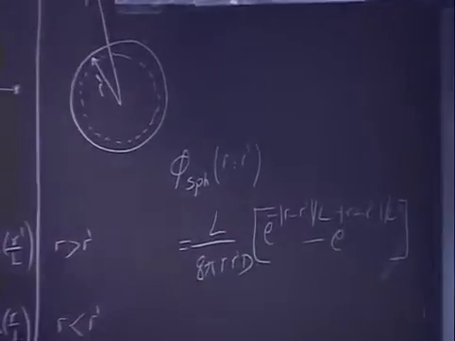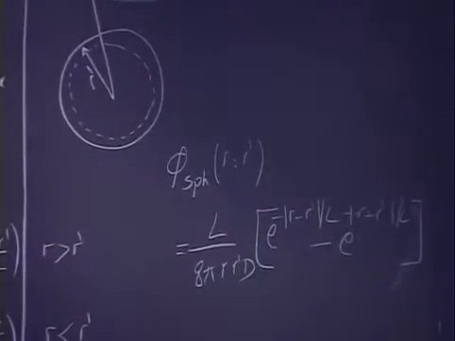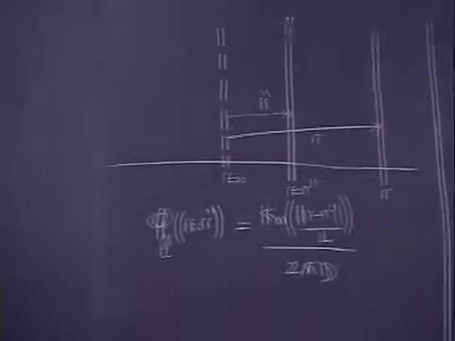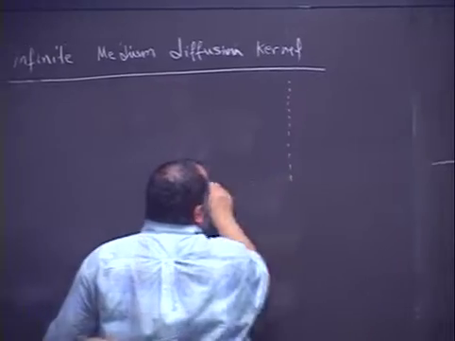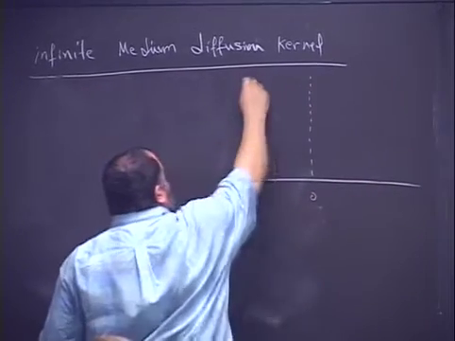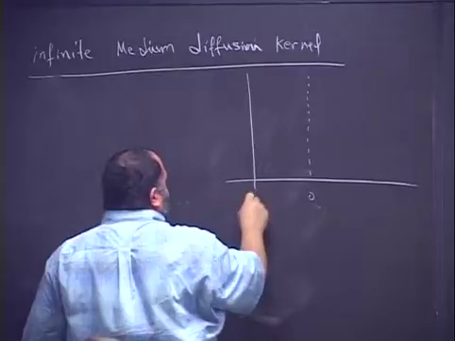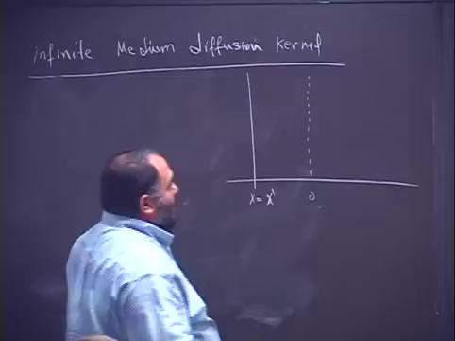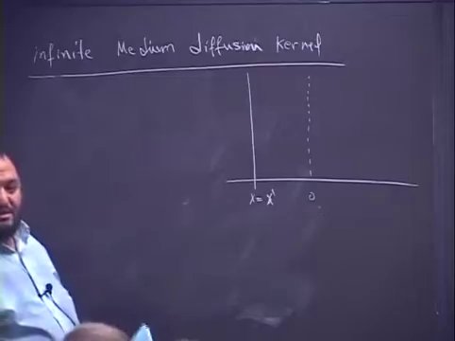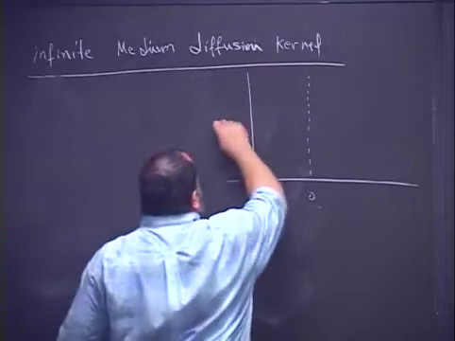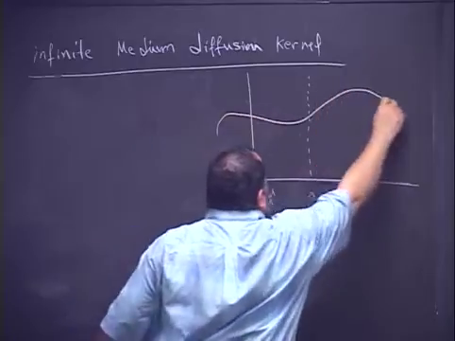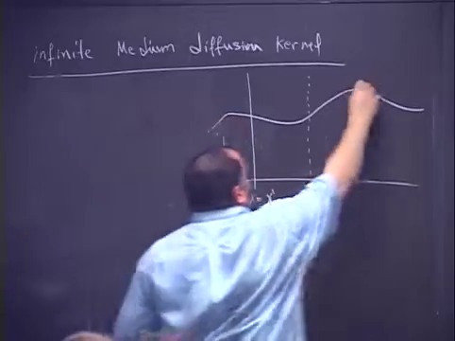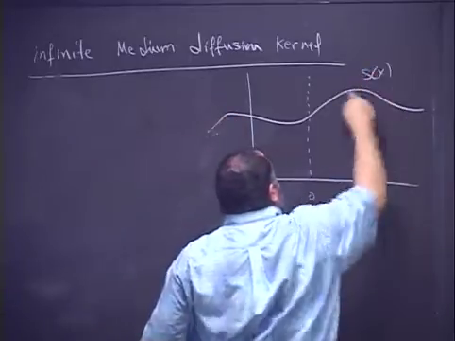If I have now a distribution of sources, let's assume for the plane geometry, I have 0 here, and this is my unit source at x equal to x prime. So I knew what the flux is. If I have now a certain distribution like this, this is the source as a function of x.